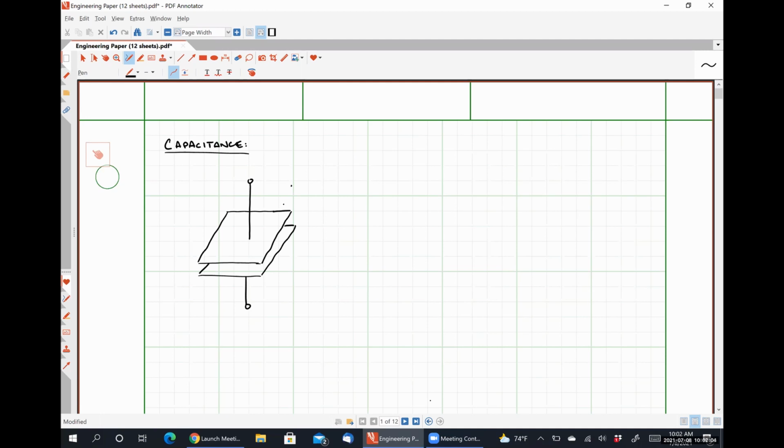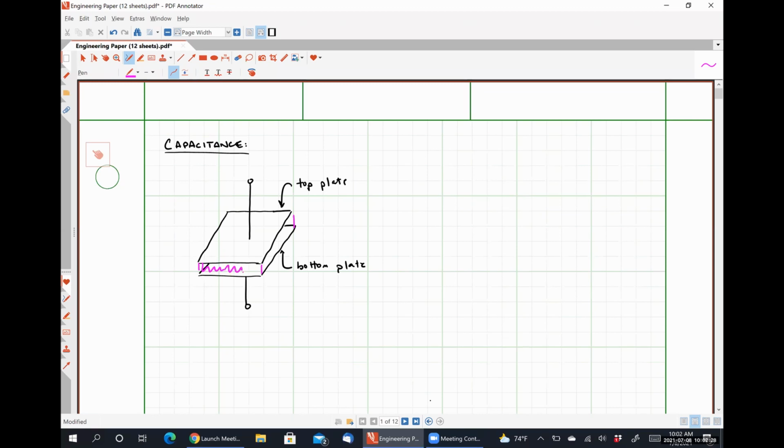I'm going to call this guy up top here the top plate, and this guy down here our bottom plate. And in many capacitors, there is what's called a dielectric material that is located between the plates. So the capacitor forms kind of a sandwich.